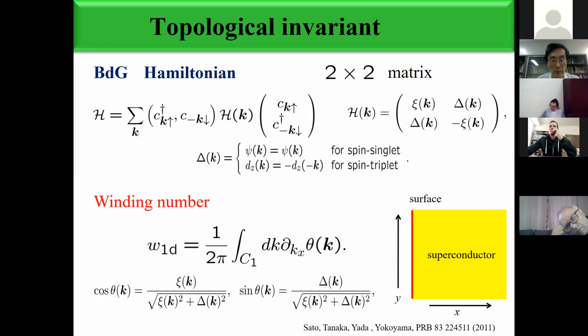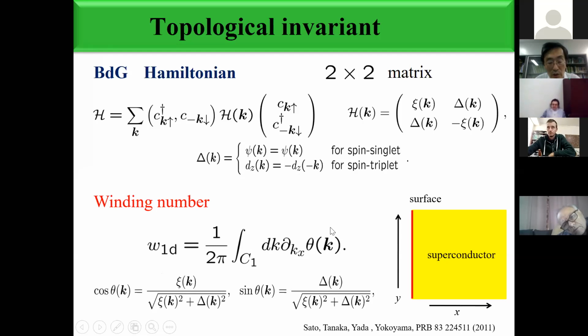Then we can write down d_z equals minus d_z like that, and the winding number can be written like that. ξ is the kinetic energy in the normal state, and Δ is the pair potential written in momentum space.